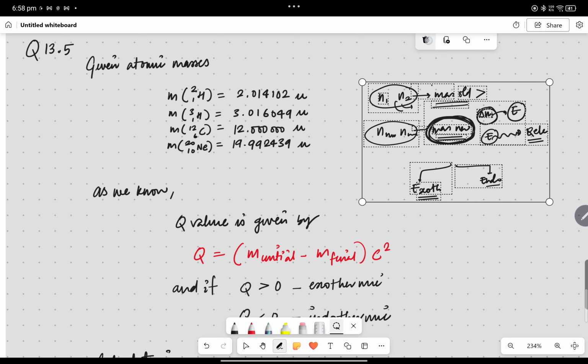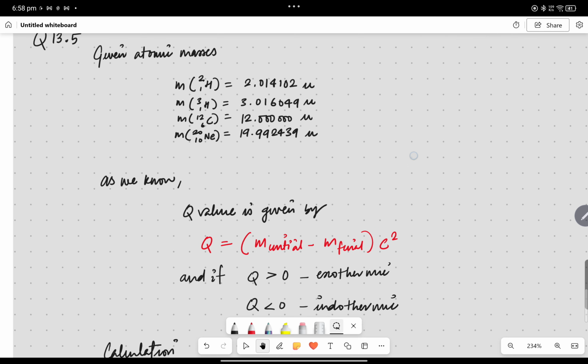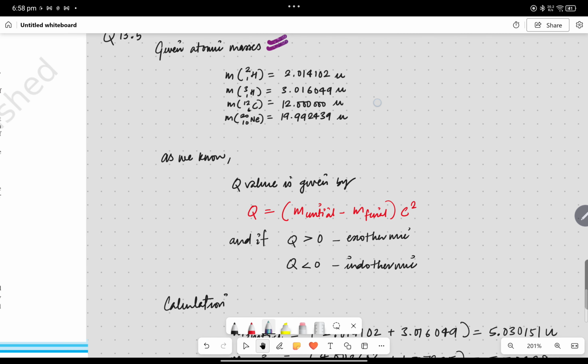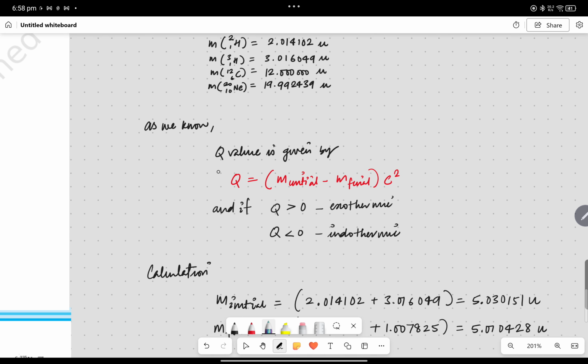And the basic procedure for solving this is, first of all, how you have to write this in the exam. You have to write all the data that is given first. So masses of the nuclei of deuterium, then C and Ne, all the things that are given here, right? And now you have to use the Q value.